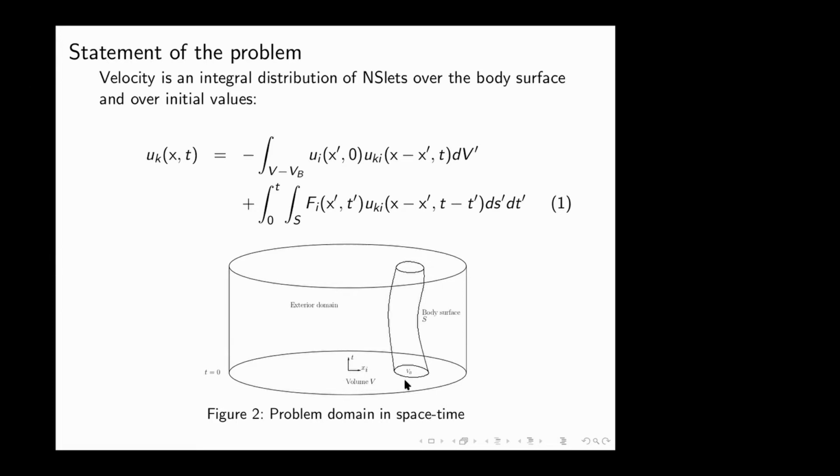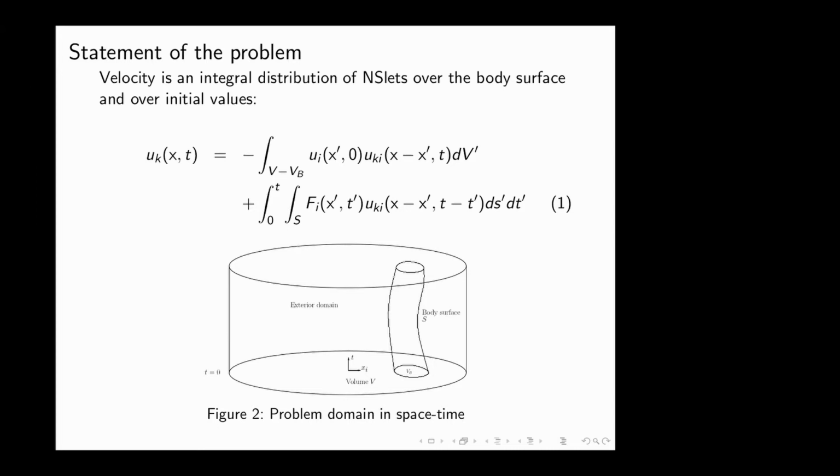So we can see that the body may occupy a volume VB at time t equals 0. And then at subsequent time, the body moves. So for example, here, the body is kind of wobbling about a bit, and so therefore it's traced out this peculiar cylindrical path. And that then gives over time the space-time body surface tracked over time.